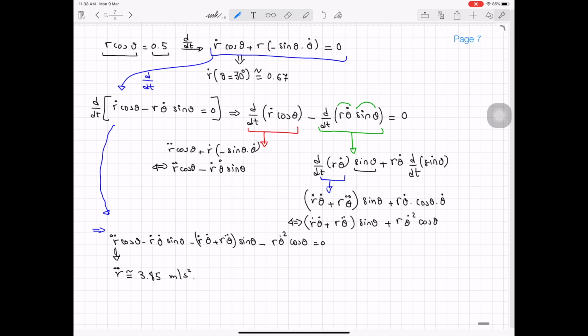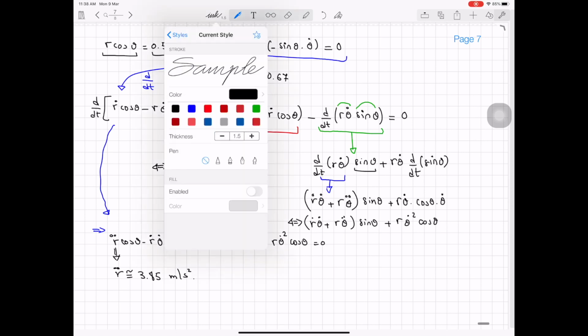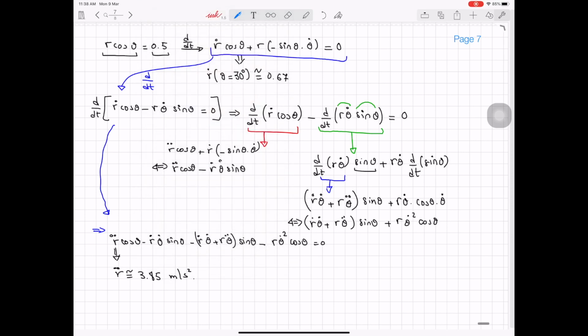Now that we have R dot and R double dot, and we have theta equal to 30 degrees, theta dot is given to me as a constant 2 radians per second. So theta double dot, by the way, is equal to 0. Why? Because theta dot is constant.